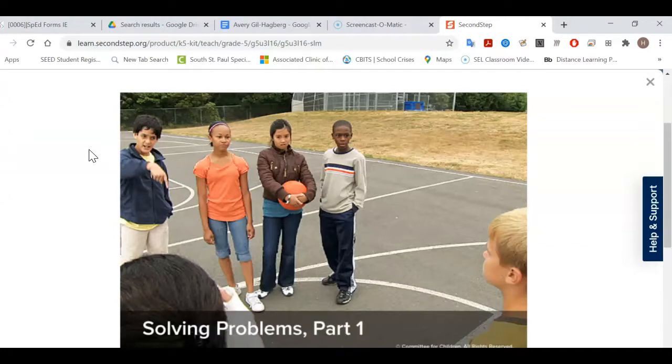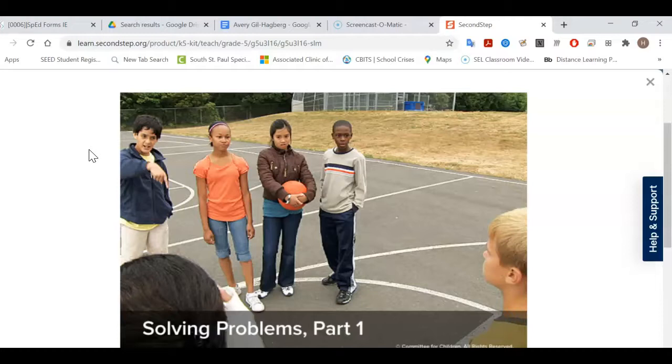What do they need to do before they can even start to solve their problem? Okay, so if you're at school, I'd be asking that question and you'd be sharing out. Yes, they need to calm down, don't they? After they have calmed down, they can then use the problem-solving steps together. If you are at school, you'd be having a partner. You're not, so we can have you work with someone at home, or you can do your best to do this by yourself.